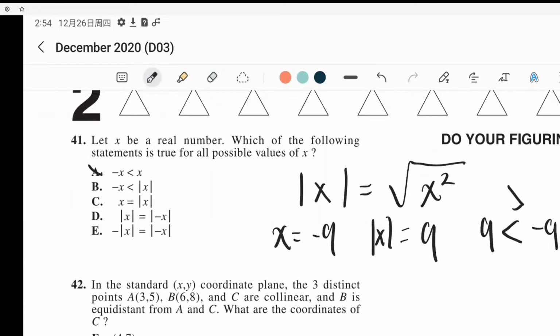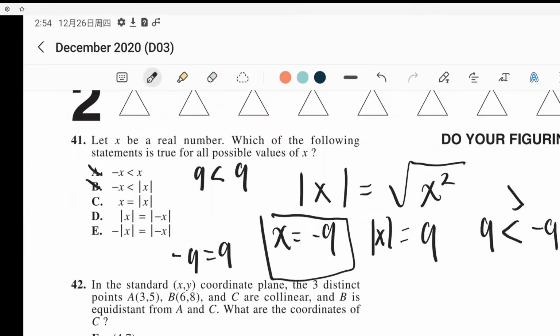B is also wrong because, again, consider x equals negative 9. We have 9 is less than 9. That is not a true statement. C, we have x equals absolute value of x. This is also not true because consider negative 9 again. Negative 9 does not equal 9.